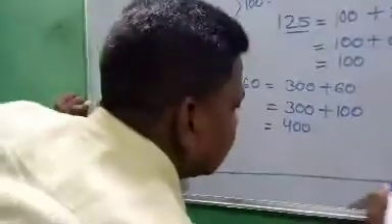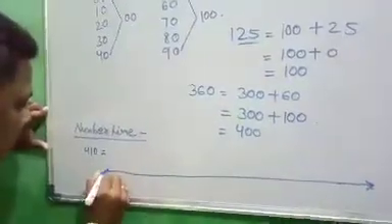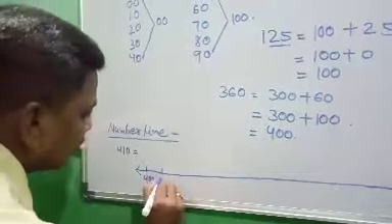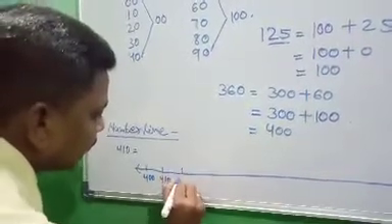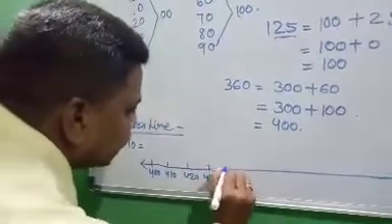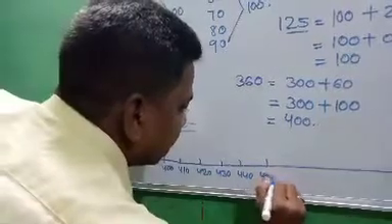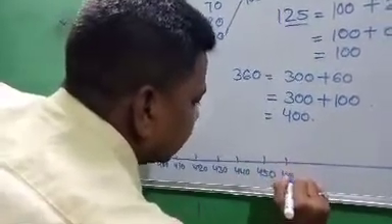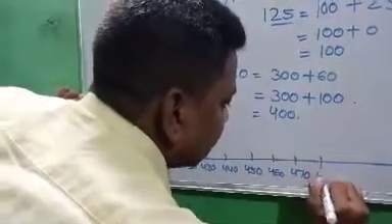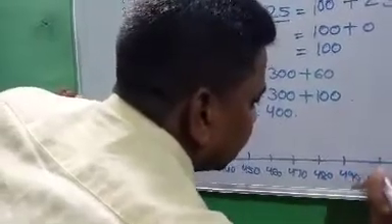So 410 comes in between which numbers? 400 and 500. 400, 410, 420, 430, 440, 450, 460, 470, 480, 490, and then 500.